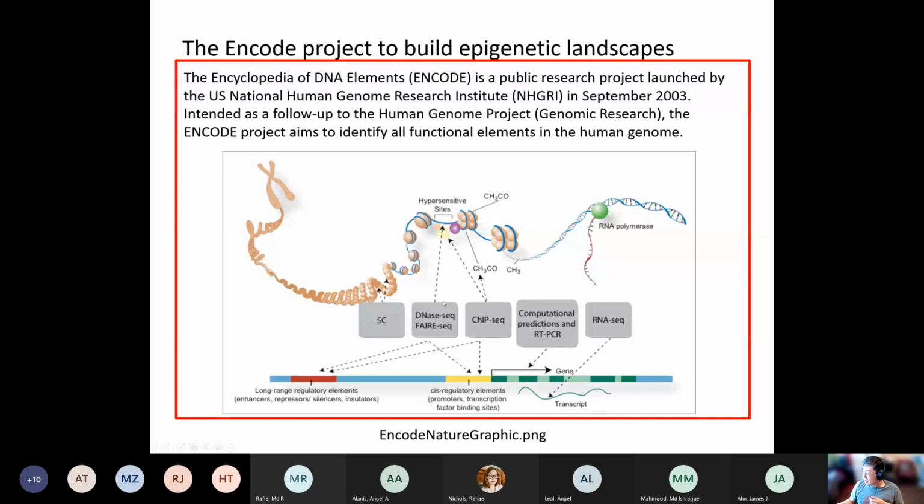And of course, they use the technique called DNase hypersensitivity, which I explained in the previous lecture, and the Fairy sequencing, which I also explained previously. That's about which region is more relaxed and which region is more compact in terms of the presence of nucleosomes.